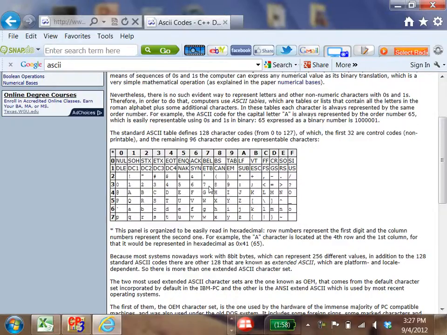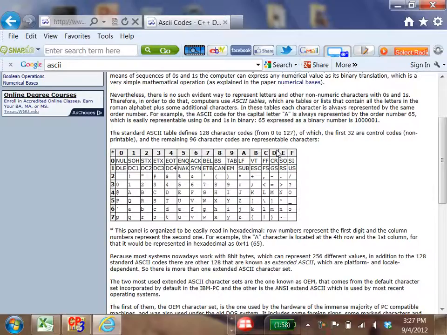Now, it's a little hard maybe to understand this table here, as it will be other tables, because this table has rows and it has columns. These columns are 0, 1, 2, 3, 4, up to F. Now anytime something goes from 0 up to F, a computer person says that's hexadecimal.